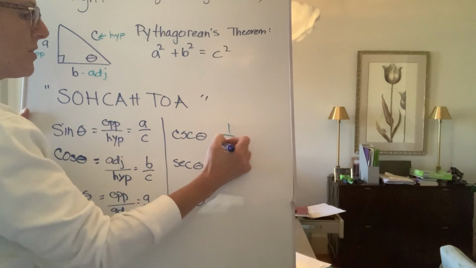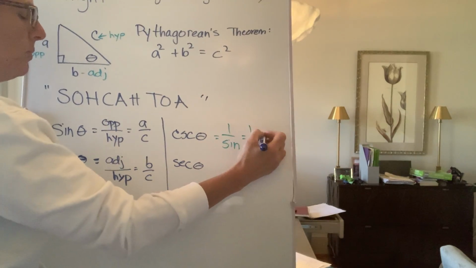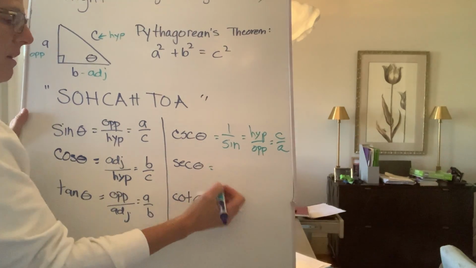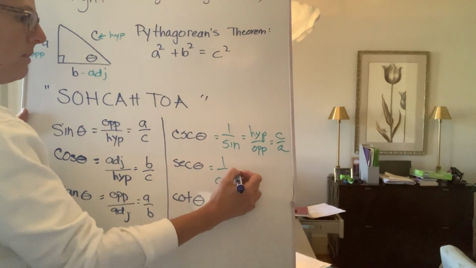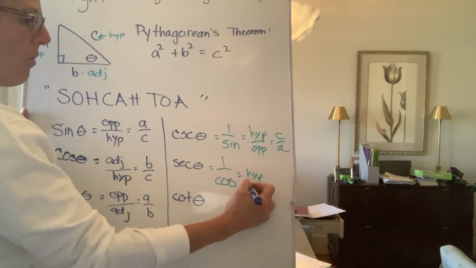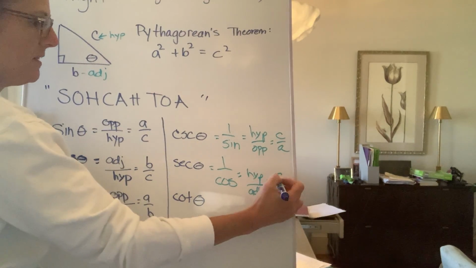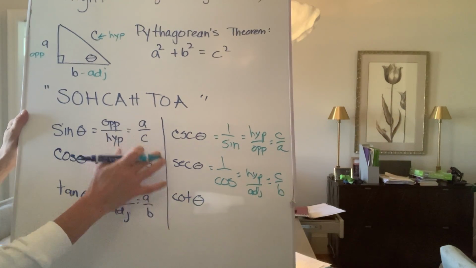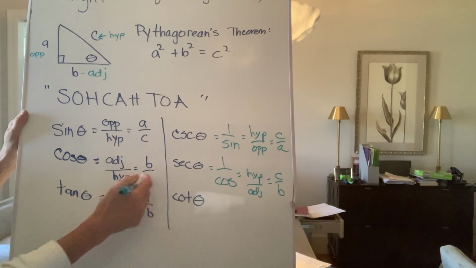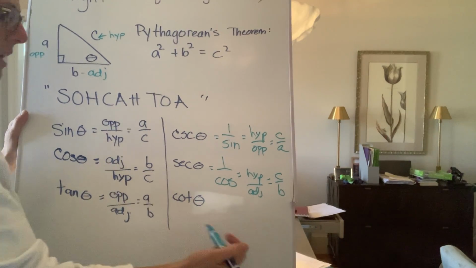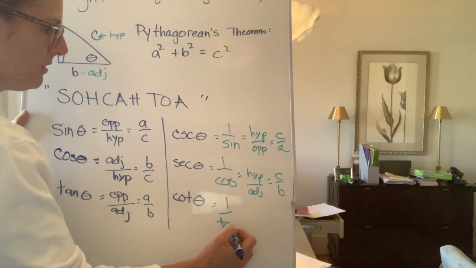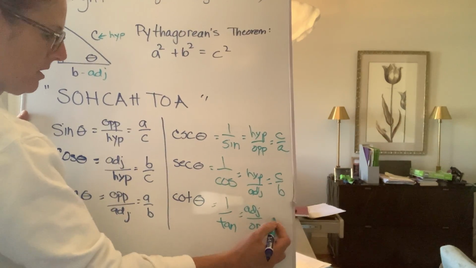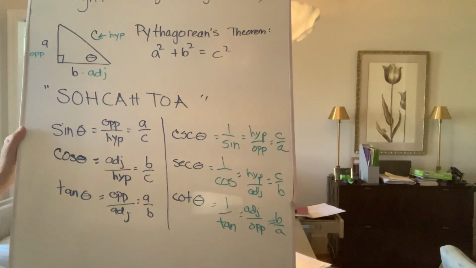Cosecant is 1 over sine or hypotenuse over opposite, which in this case would be C over A. Secant is 1 over cosine, which would be hypotenuse over adjacent, and in this case C over B. Cotangent is 1 over tangent, and that is adjacent over opposite, in this case B over A.